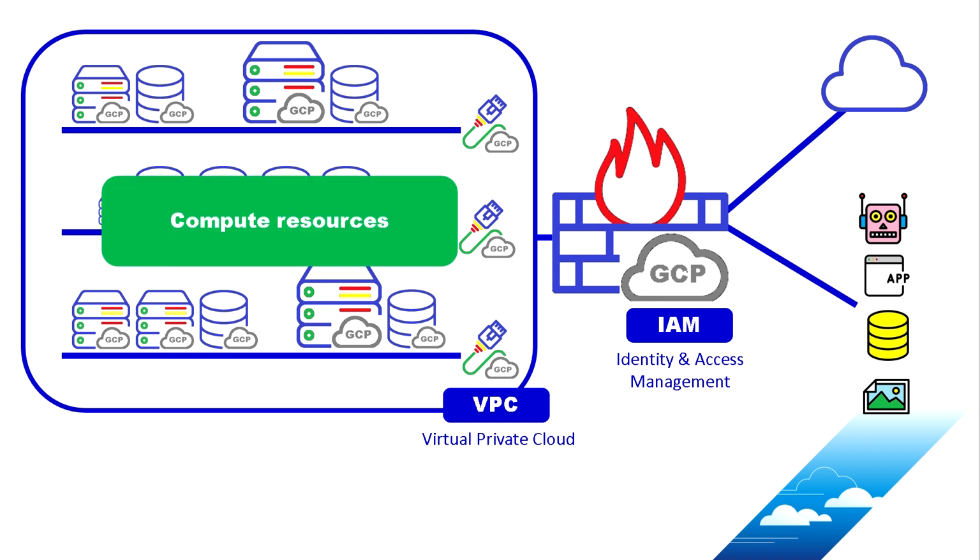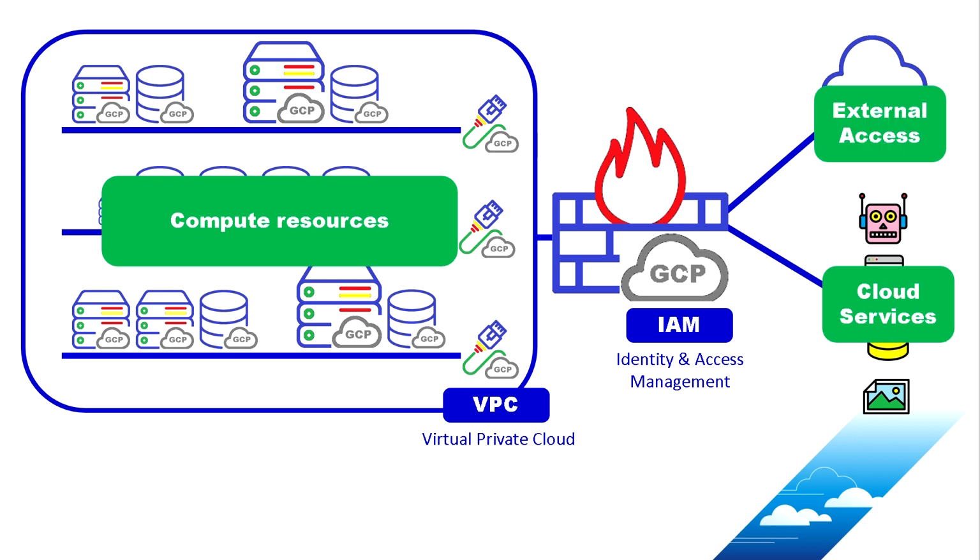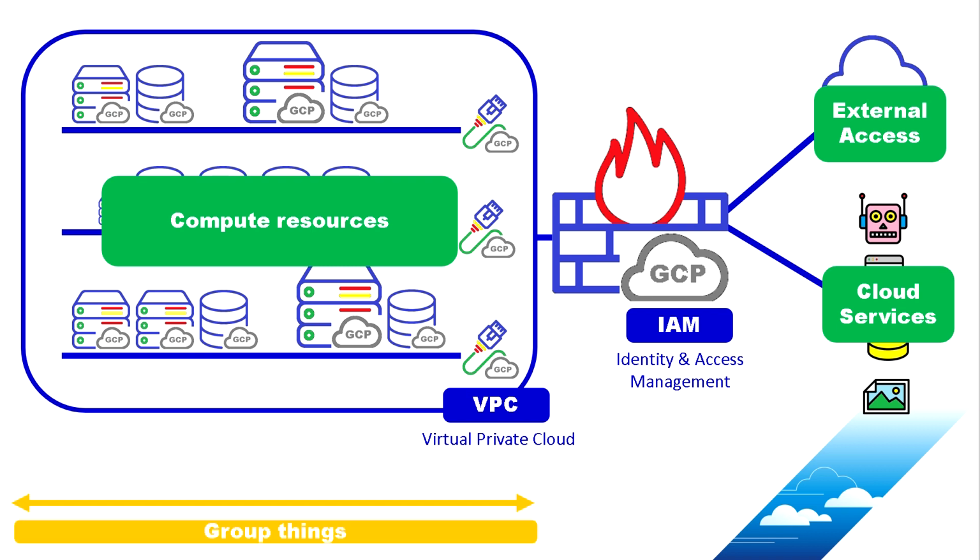So to put it in simple terms, inside the VPC are compute resources, and those compute resources are managed through IAM to other cloud services or to other external networks or other external access. Again, if I was to summarize that, I would say this is where we group all of the things together in the VPC, and this is where we control access to the VPC.